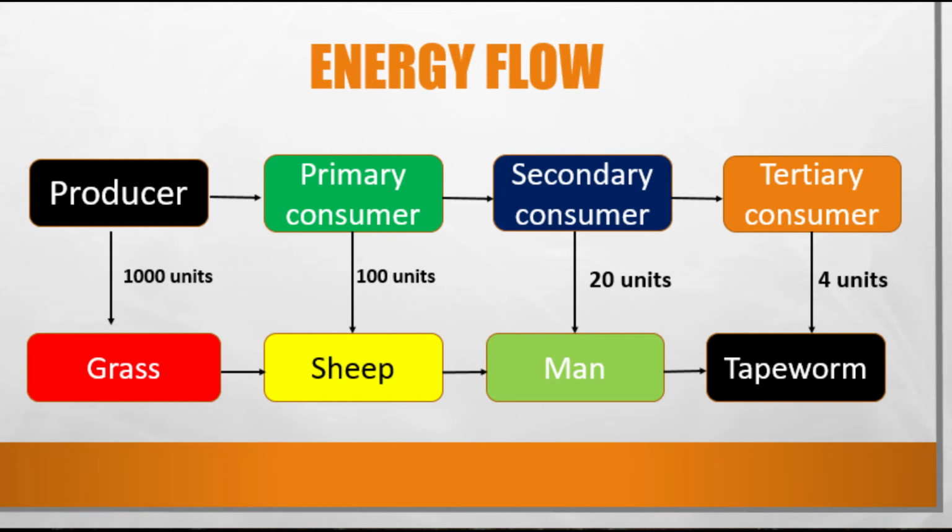The producers. So from the question, which one is the producer? The green plant. That's grass, right? Now, after the grass, we need an animal to feed on the grass. So a herbivore. That will be sheep, right?